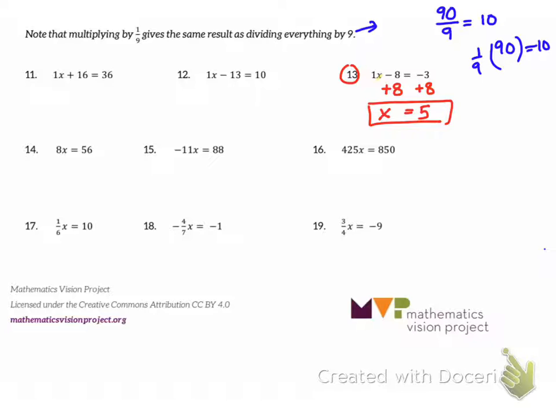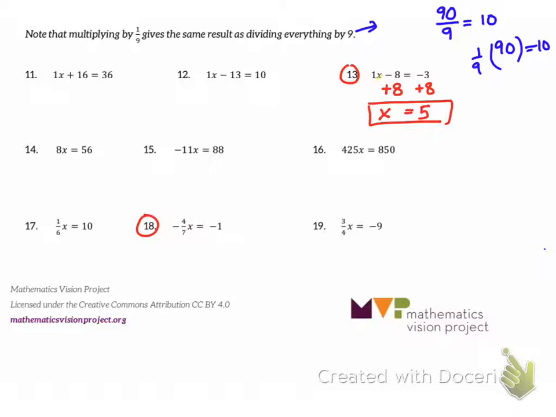All right, we'll move to the next question. Let's try question number 18. We have negative 4 over 7x equal to negative 1. How would I solve it?